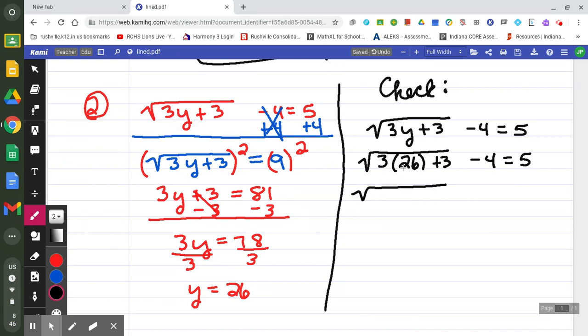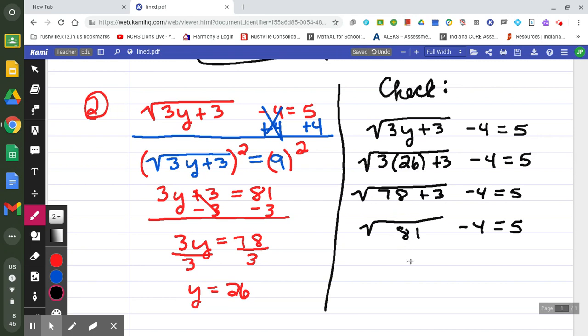So 3 times 26 is 78 plus 3. The minus 4 is still outside the radical. Then 78 plus 3 is 81. The minus 4 is outside the radical.